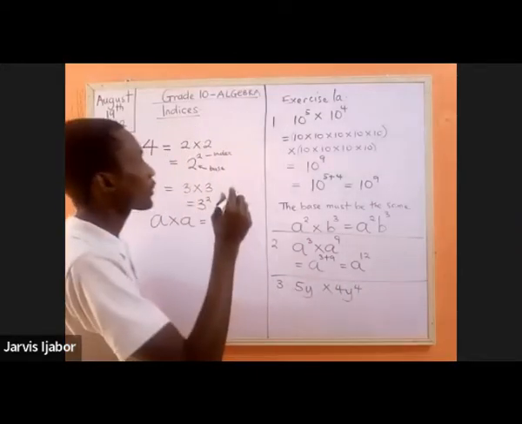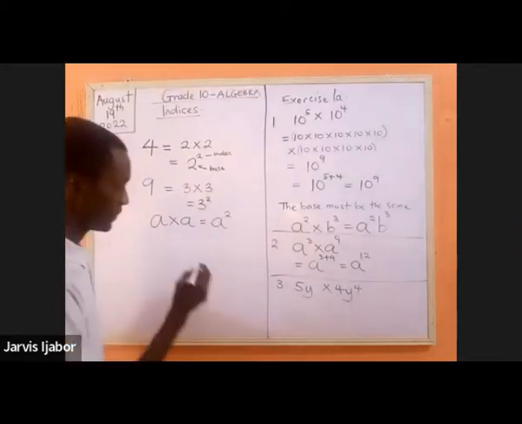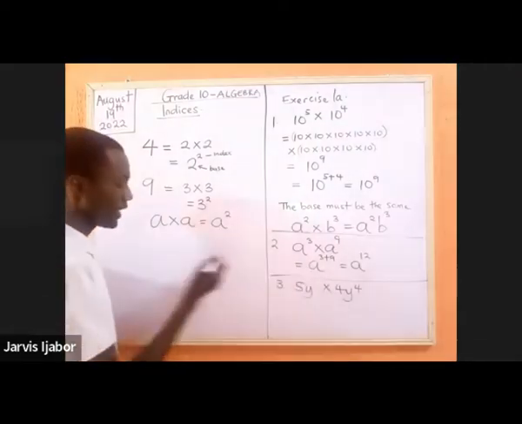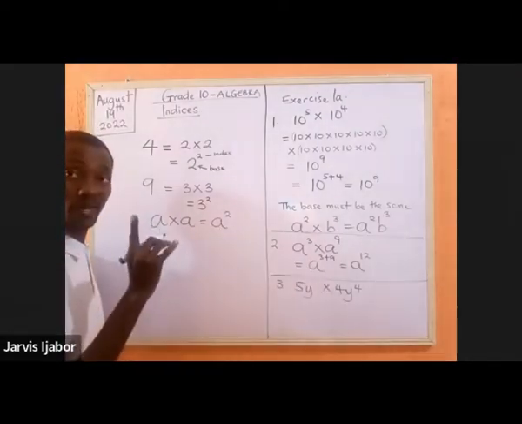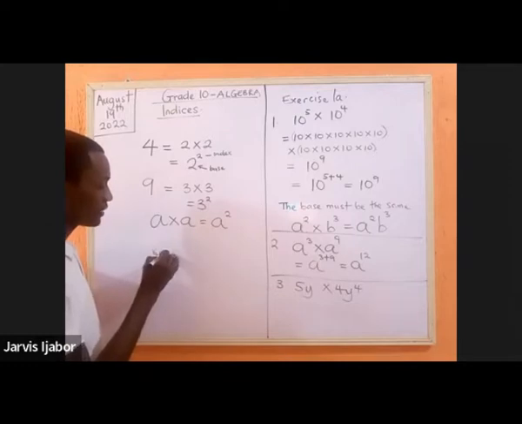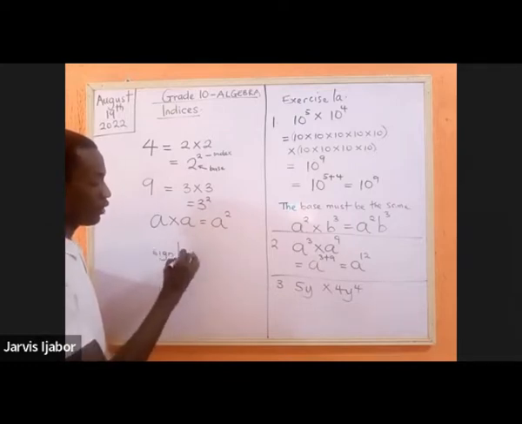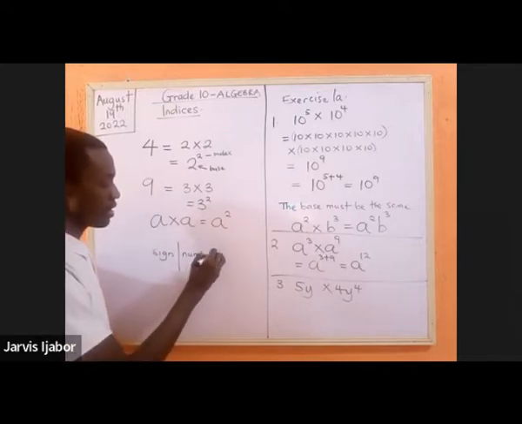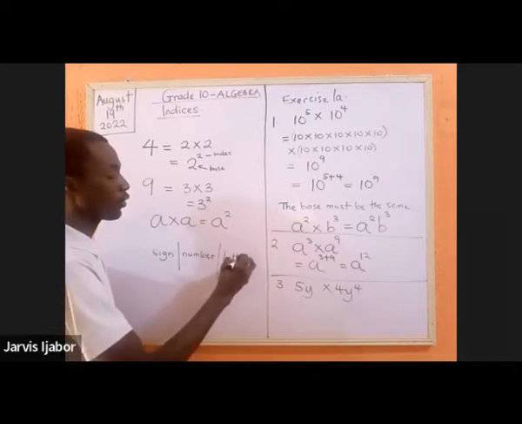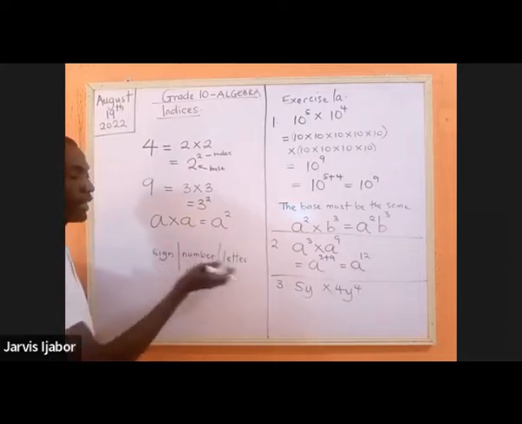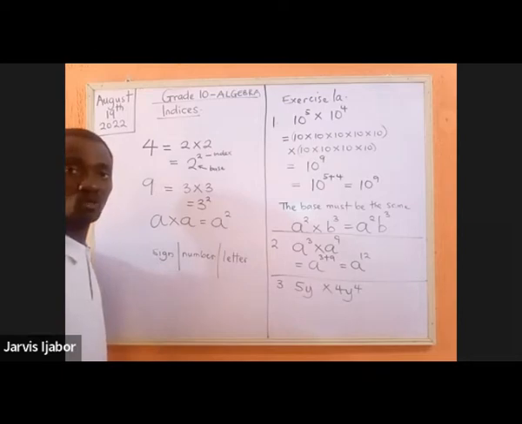Now, recall what we had done earlier. We said that in multiplying terms, we take into consideration sign, numbers, and letter. You see that they're all connected. Sign, number, letter. That's how we expect your answer to be presented.